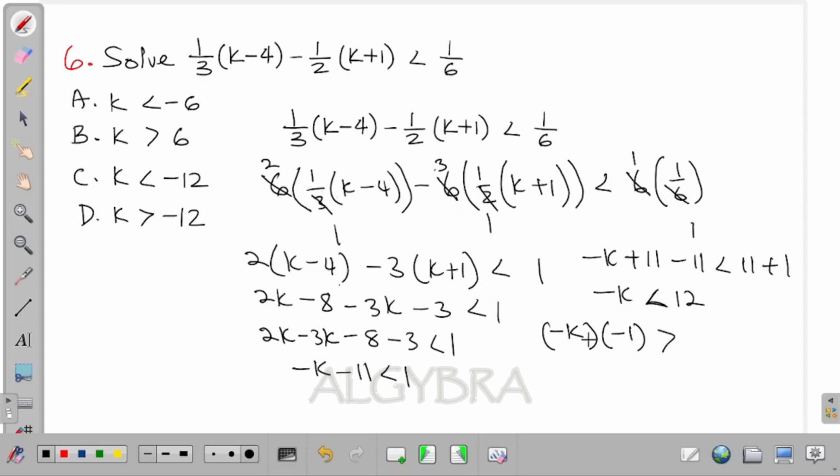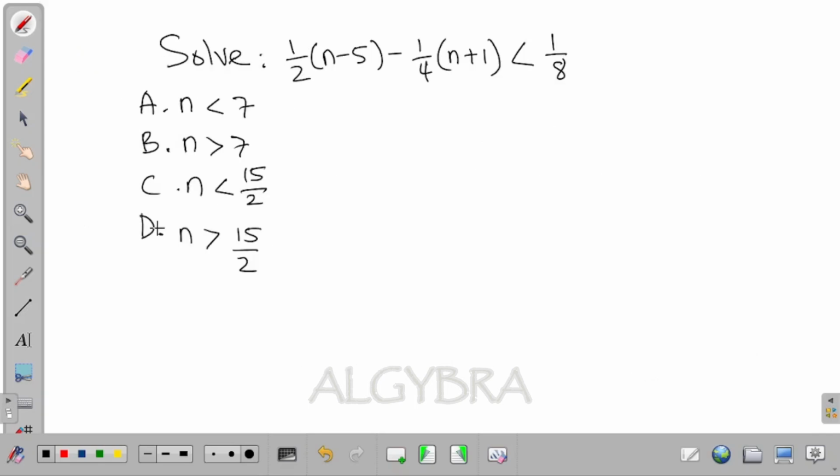So -k times -1 is k, greater than 12 multiplied by -1, which is -12. So the answer to this question is option B.